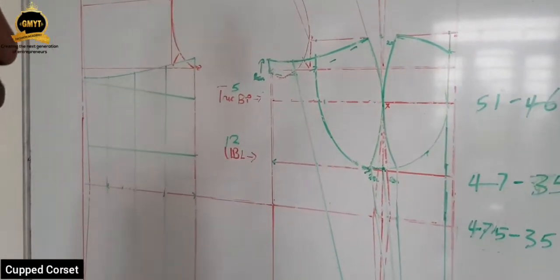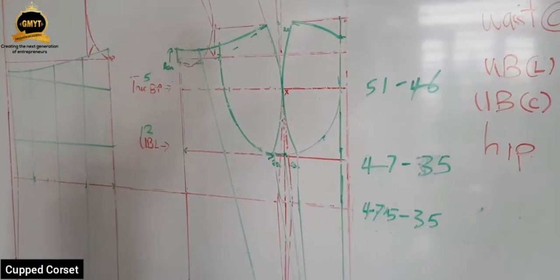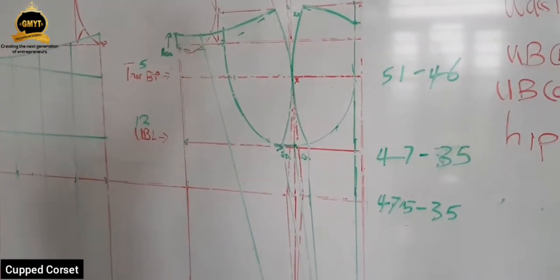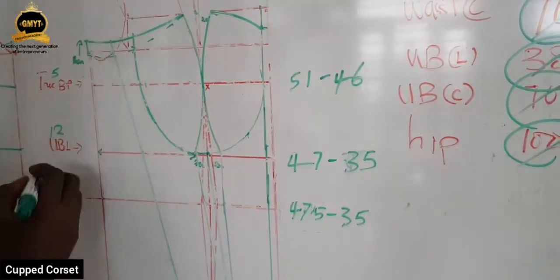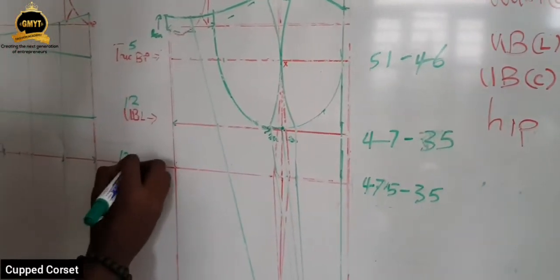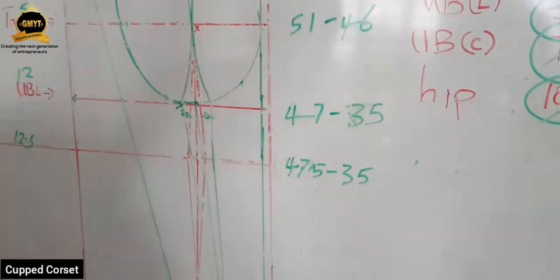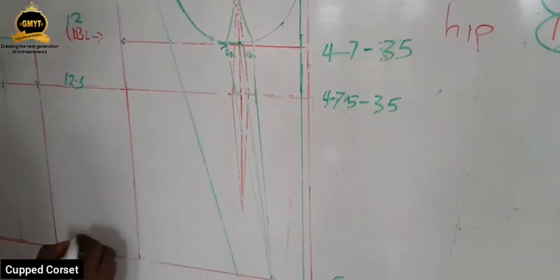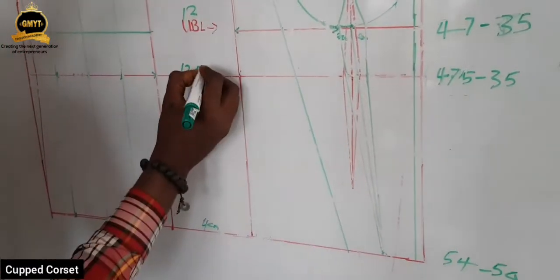Wow. From the waist part, we have 47.5 minus 35. So we have 12 point what? 12.5. So for the hip part, we have 54 minus 50. So that's we have 4 cm left.